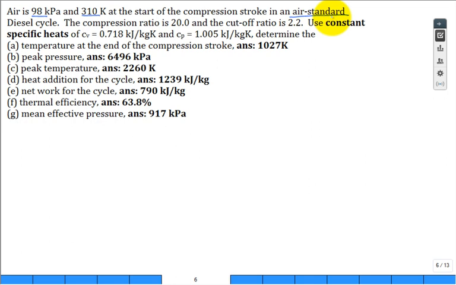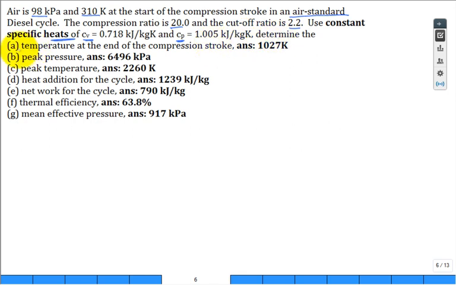We're replacing the complex intake and exhaust stroke, and we're replacing the combustion with just heat addition. So it makes it very simple. It has a compression ratio of 20 and a cutoff ratio of 2.2. Using constant specific heats, and use this value of Cp and Cv. Hey, did they give me the value of k? No, but all you have to do is take the ratio, and it'll be 1.4 for k.